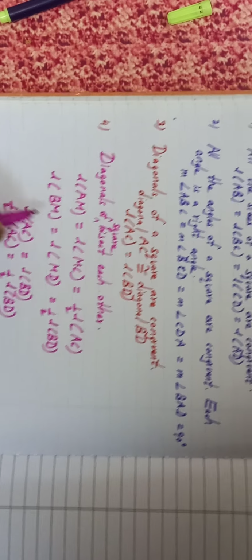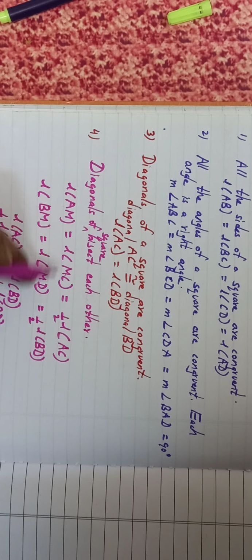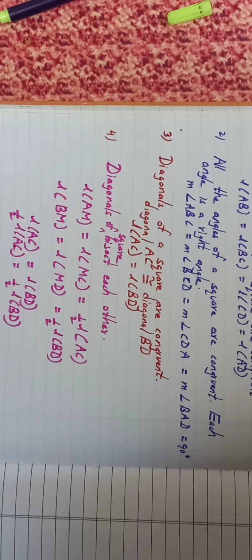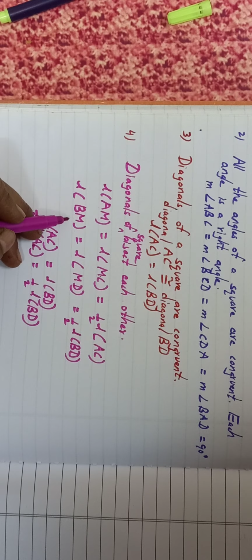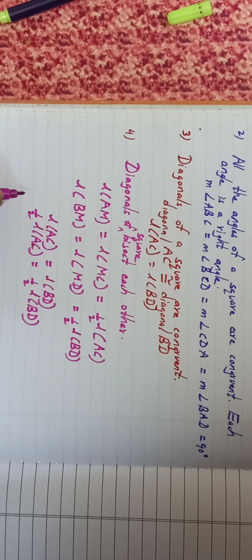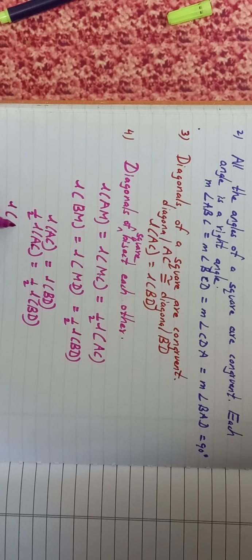For length of AC, AM is half of AC and MC is half of AC. And BM and MD are half of BD. So what can we write? Length of AM is equal to length of MC. These two are half of this.